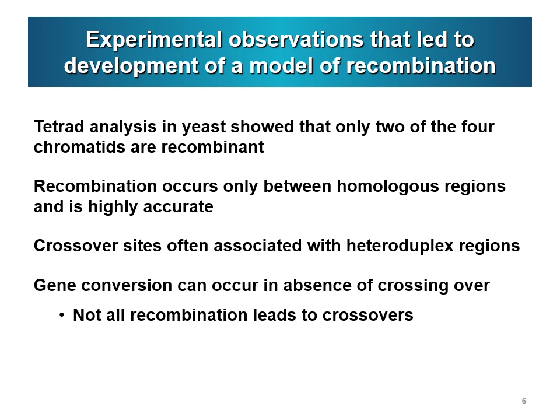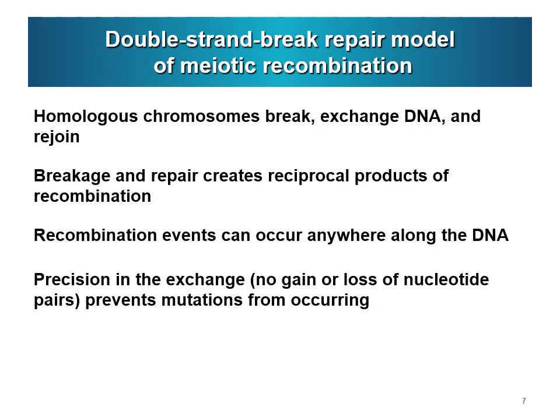So let's talk about the recombination model. Tetrad analysis in yeast showed that only 2 of 4 chromatids are recombinant. Recombination occurs only between homologous regions and is highly accurate. Also, crossover sites often associate with heteroduplex regions. Gene conversion can occur in the absence of crossing over, and not all recombinations lead to crossovers. Let's look at that now in more detail.